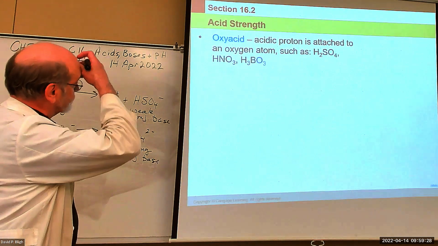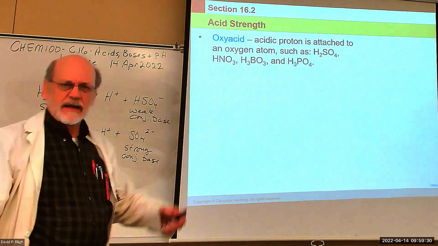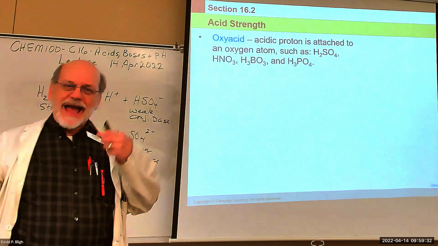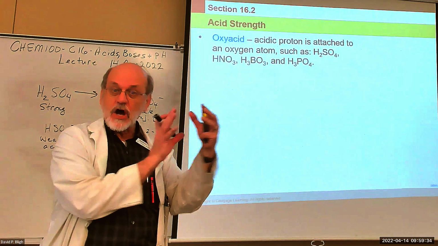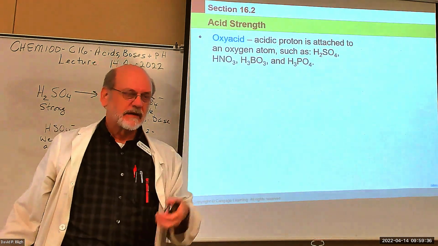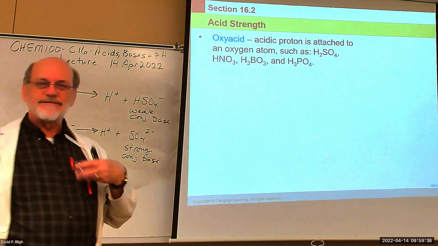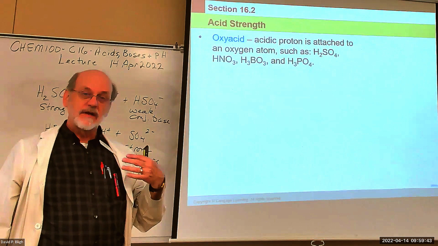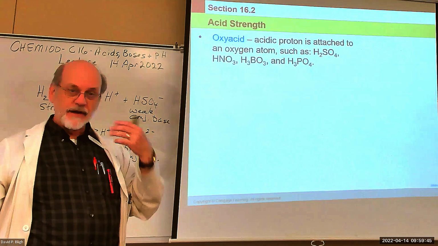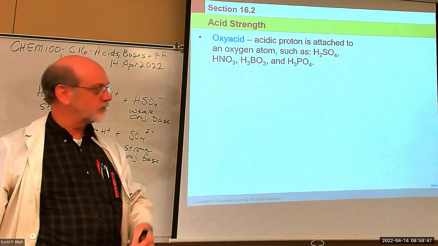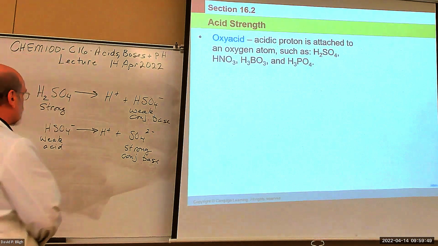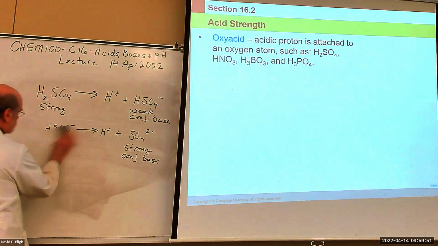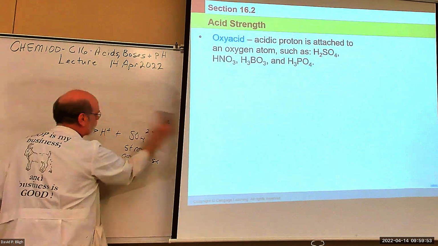Okay. So acids that have oxygen in the conjugate base side can vary in strength. And their strength is proportional to the number of oxygens in the molecule. These oxyacids, they run in families.